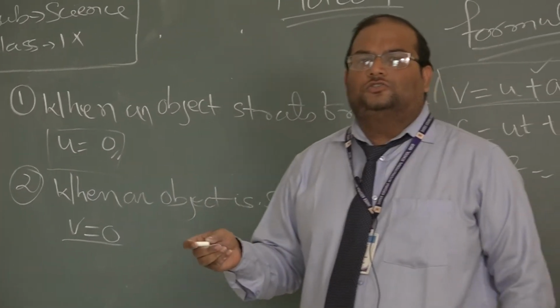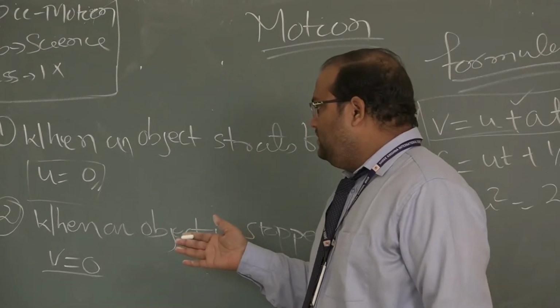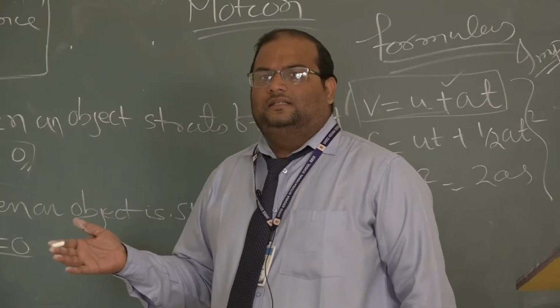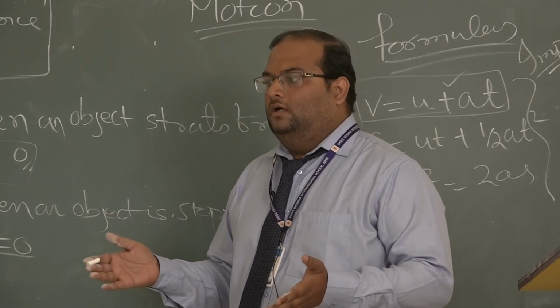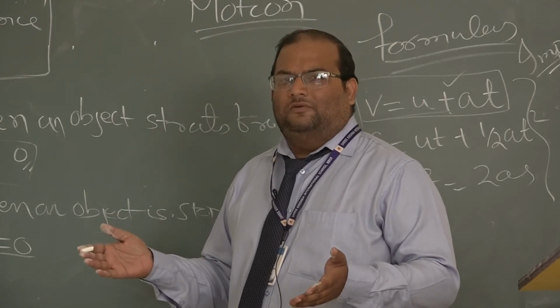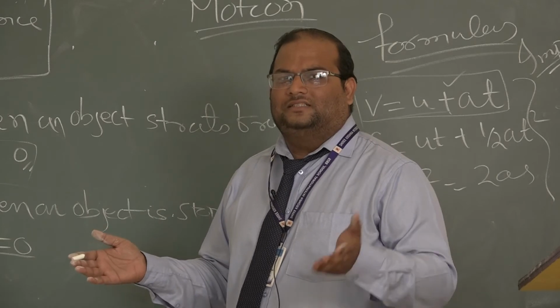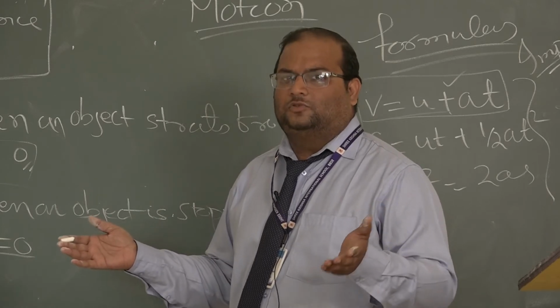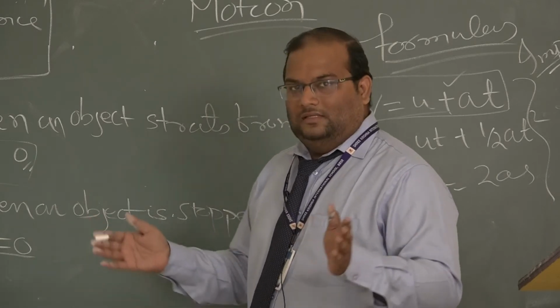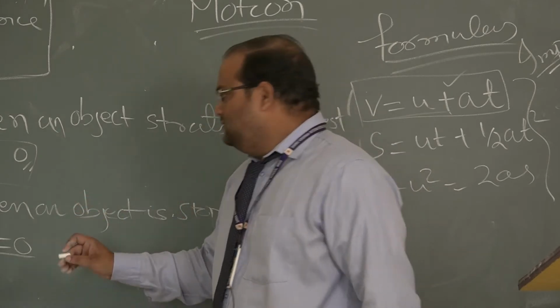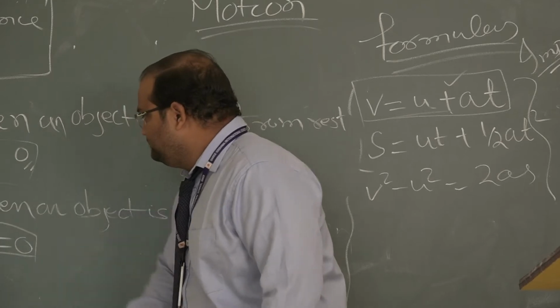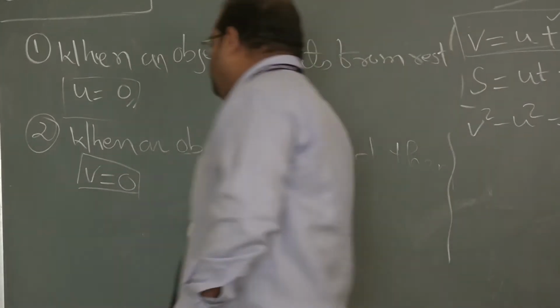And in the second case also, if in the question it is written that a vehicle is stopped by applying brakes, or the vehicle broke down and stopped at 25 meters or anything, then when a vehicle is stopped by any means, then v = 0. Now, the third point.